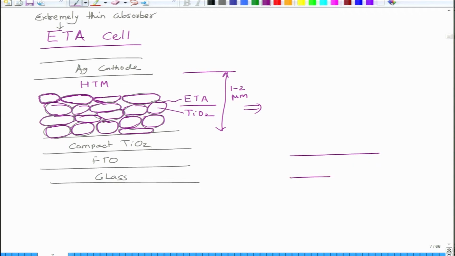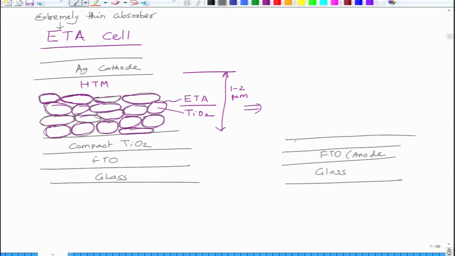glass, on top of that we have fluorinated tin oxide FTO, which is, let us say, anode.